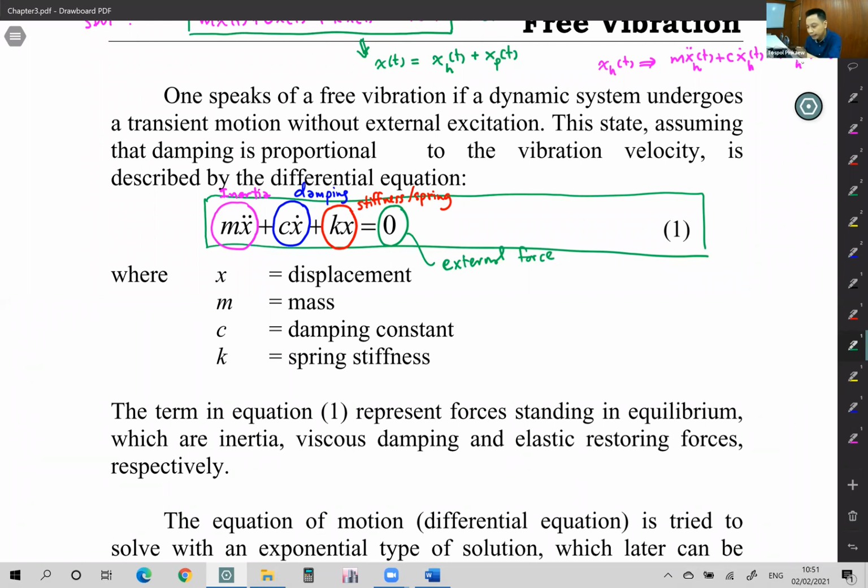But if I can find another function of time t where the derivative takes the same form as the original function x, that might make it possible for the summation of the three terms to cancel themselves and become 0, equal to the right-hand side.